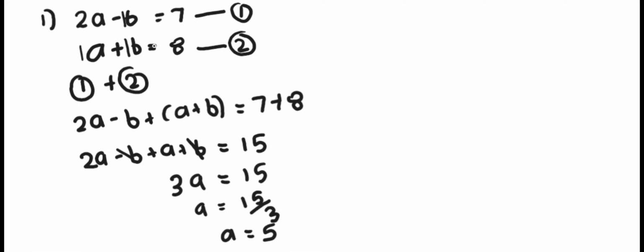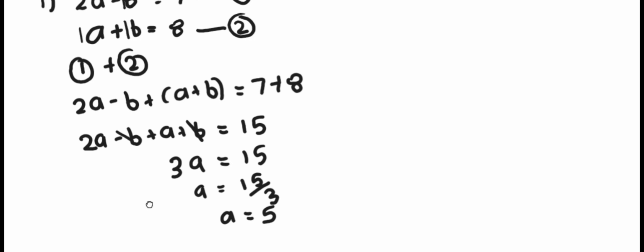So we have to substitute the value of variable a into one of the equations. It is easy to substitute the value of variable a into the second equation and get the value of variable b.